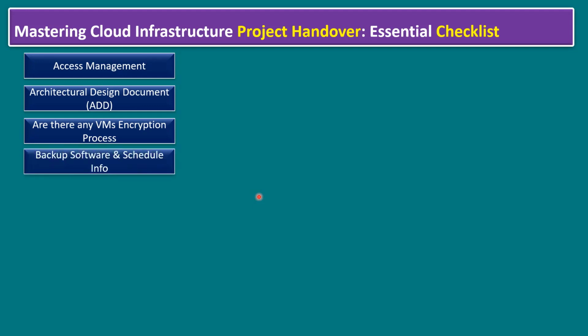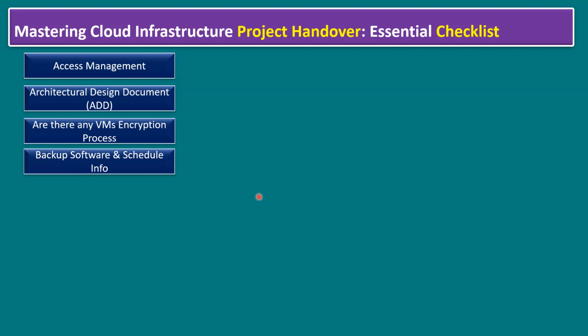And backup software and schedule information, whatever backup tool you are using in that specific project. For example, we have so many backup tools such as Commvault, Veritas NetBackup, Veeam, Cohesity, Rubrik. These are all different backup software. There is no guarantee every customer uses the same backup tool.